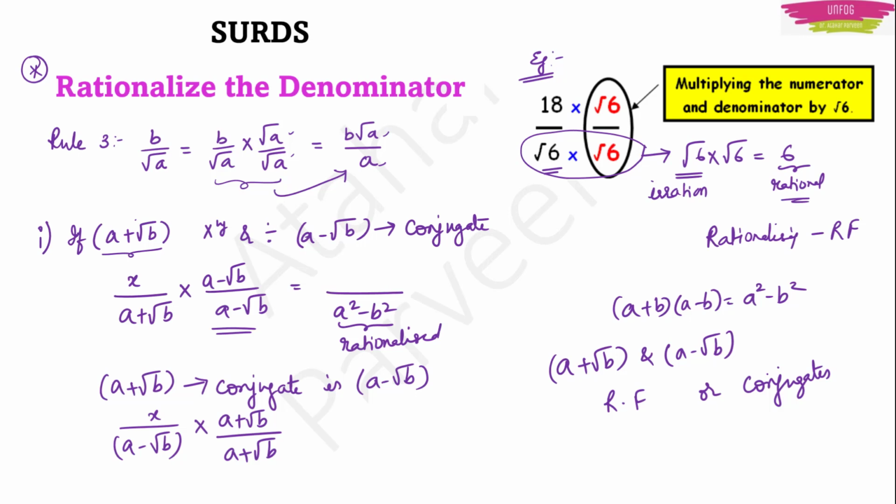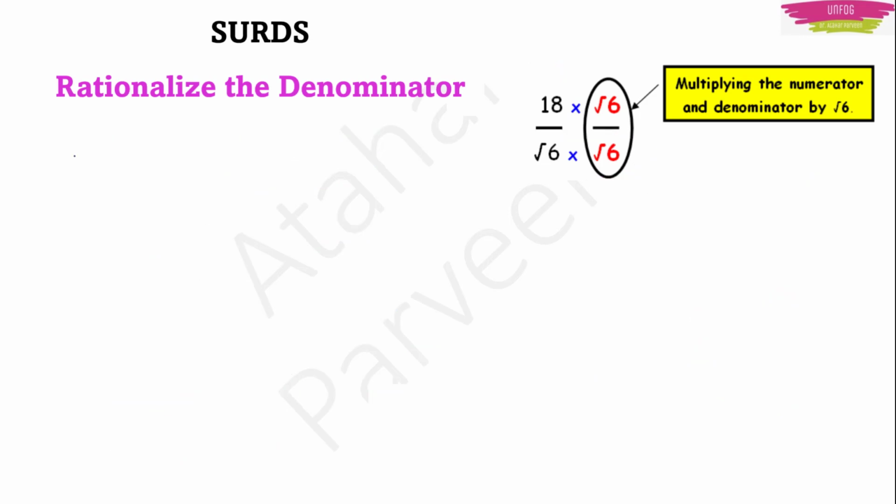There could be another different case also. For example, it could be like this: if you have a plus b into root x in the denominator, then to rationalize it, what you do? You will multiply. I will write some P in the numerator, because x is already there. So P by a plus b root x. Here I will write the conjugate.